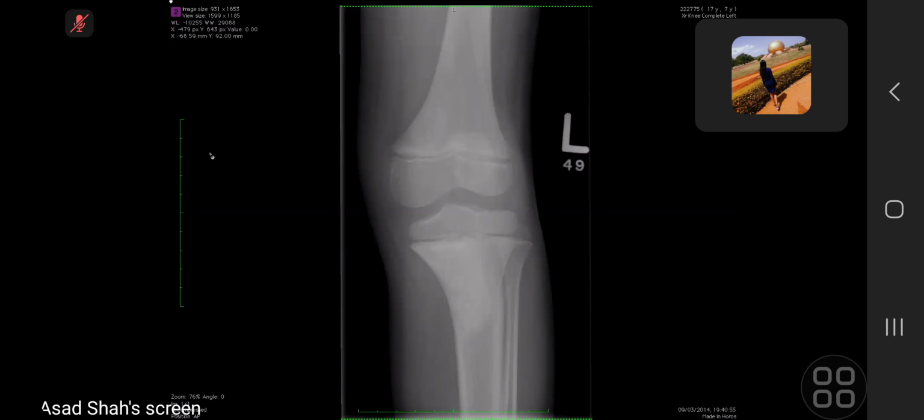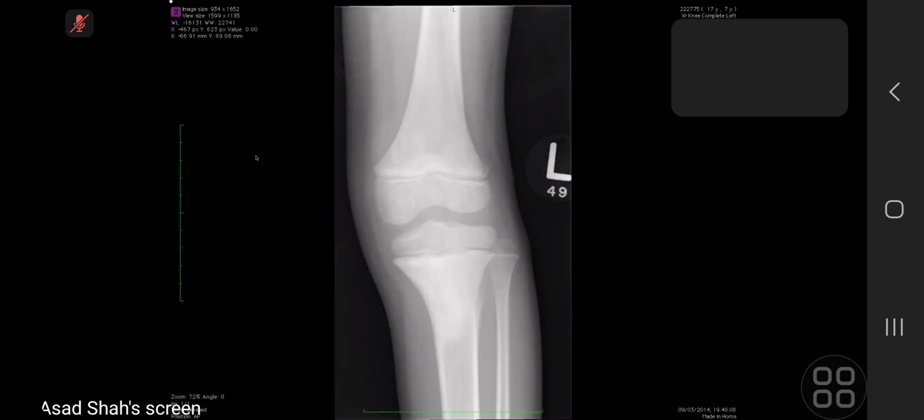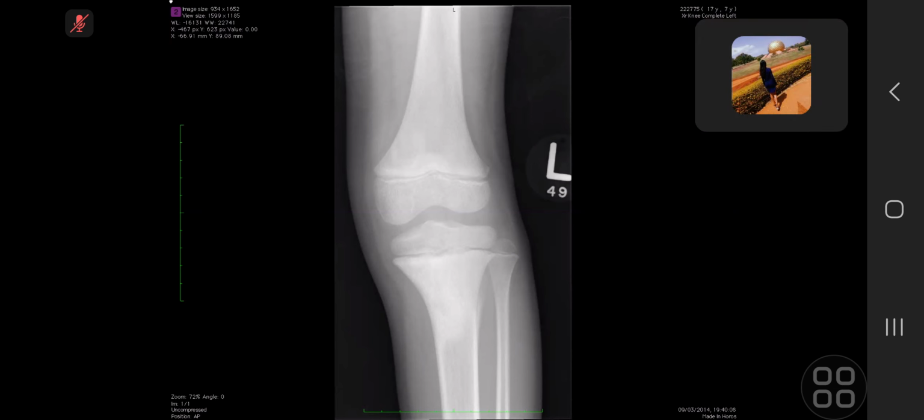No, but this is a skeletally immature patient. What about there? Do you see anything there that adds to what you're saying? I can also see periosteal reaction along the lateral aspect of the tibia, along the lateral shaft. Right, okay.